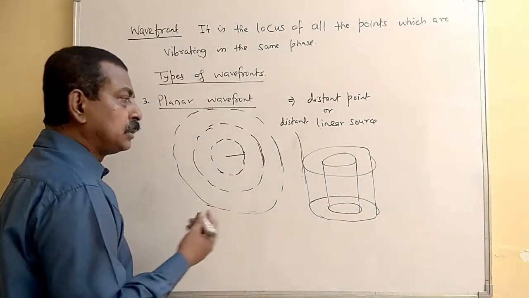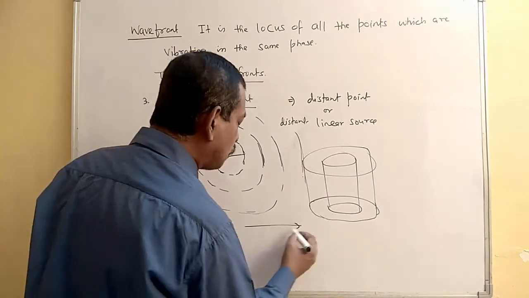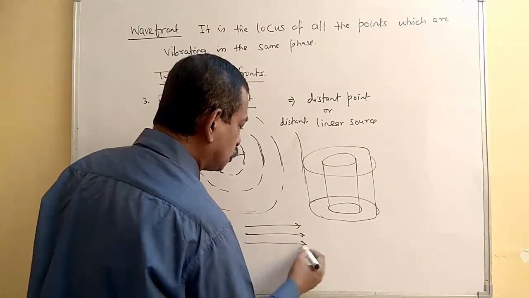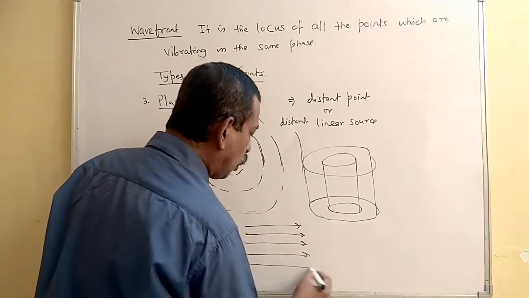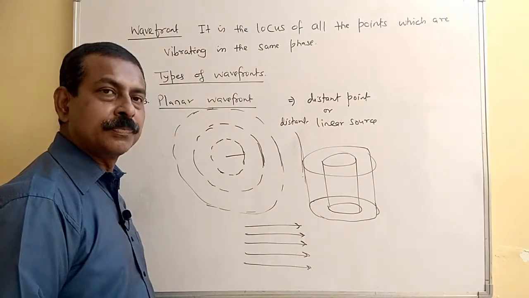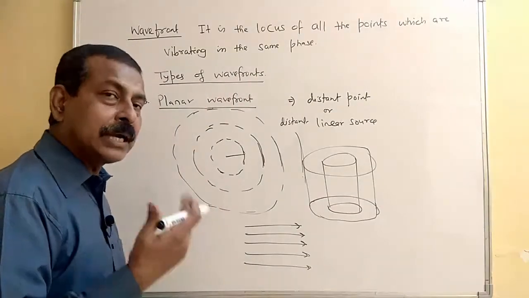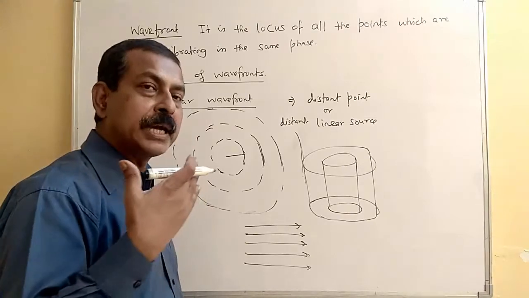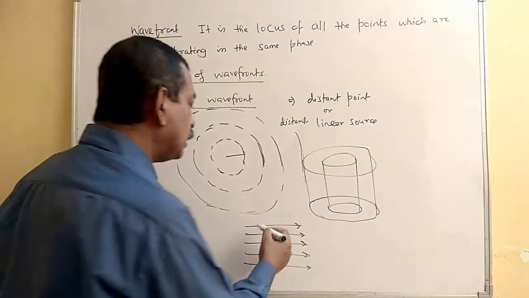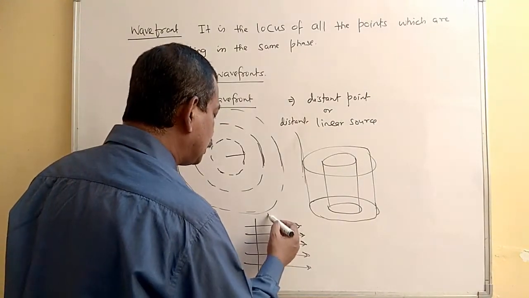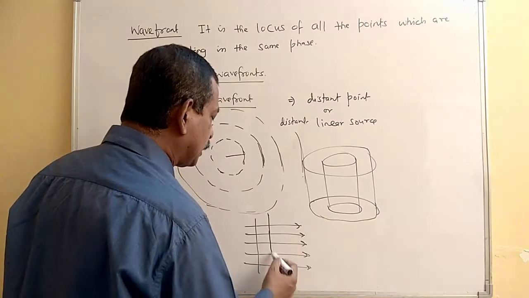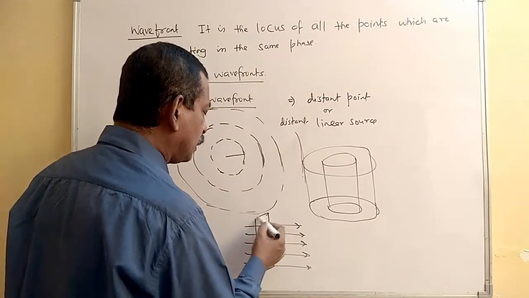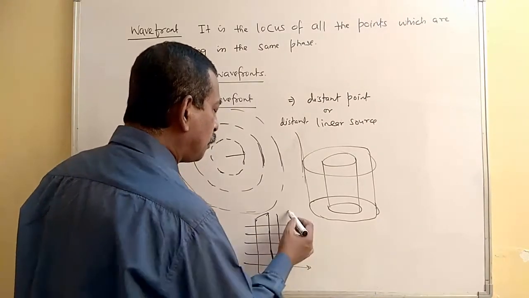Now how will you represent that? Suppose you have the waves coming out from a distant source, so they all will be going almost parallel. And as we have said, that wavefront will be perpendicular to the direction of propagation of the wave. So if you take any planar shape there, then this will give you a planar wavefront.